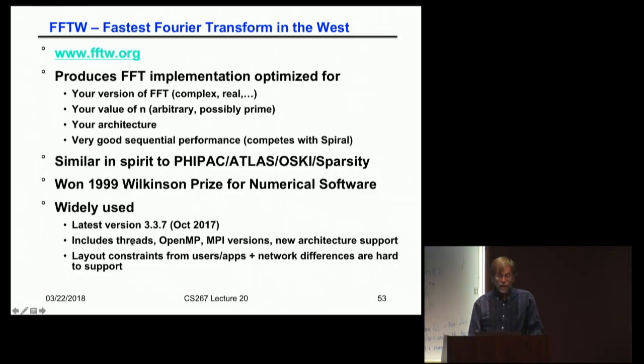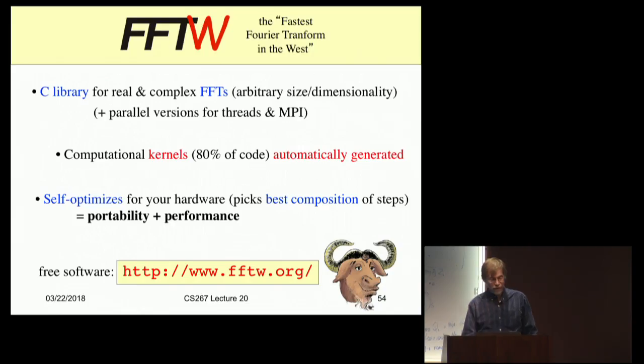It supports threads, OpenMP, and MPI. I think the last update to MPI was a while ago, so I'm not sure how up to date that is, but they're always adding new architectural support. So the last version added special instructions for Skylake and some new processors like that. So they try to do all this SIMDization too. Now let me just show you some slides about FFTW, and the slides are from the people at FFTW, so they're going to look a little different.